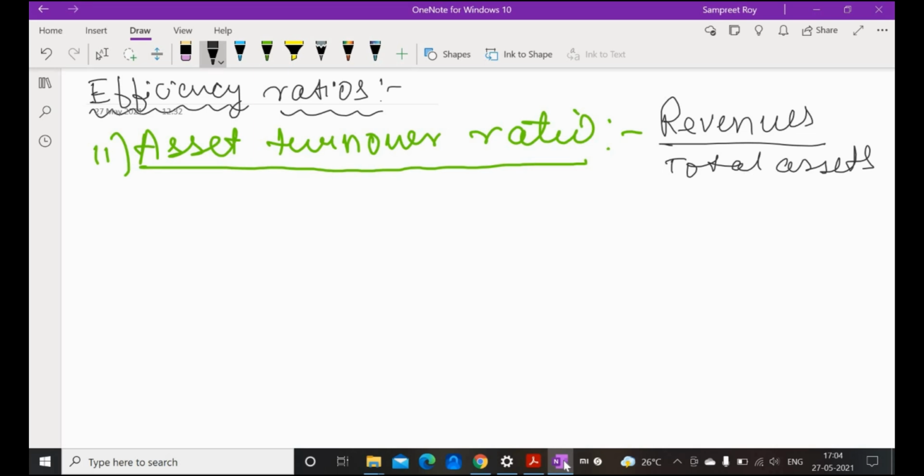So, this is a direct efficiency ratio where it indicates every unit of revenue generated.